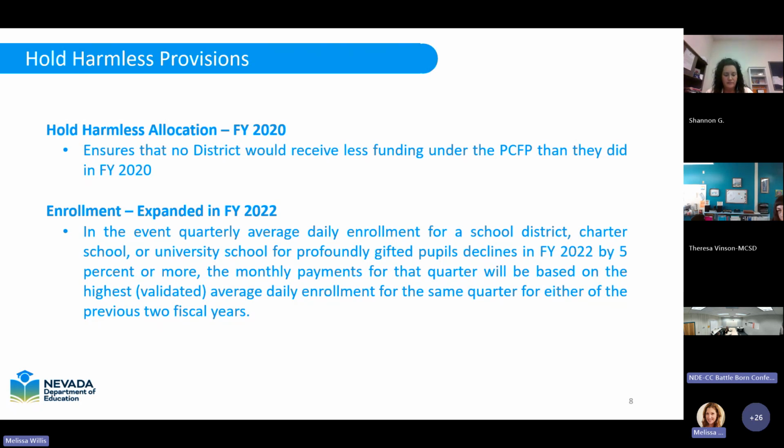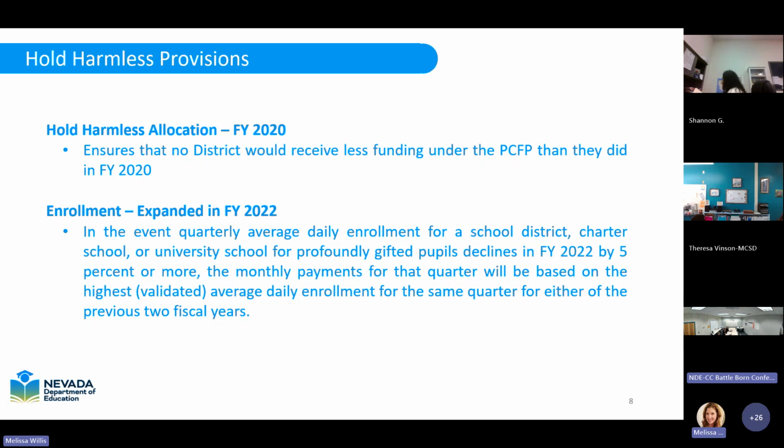This ensures that no district would receive less funding under the PCFP than they had in fiscal year 2020. This was also for charters, except that they were all lumped together. At this point in time, we still have 3 districts that are protected under this hold harmless allocation.